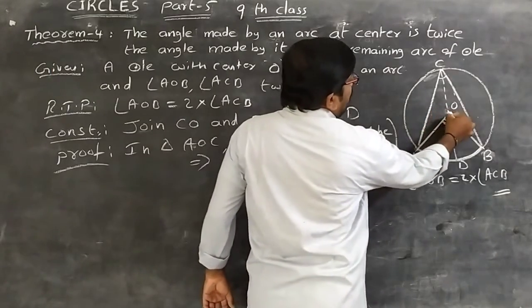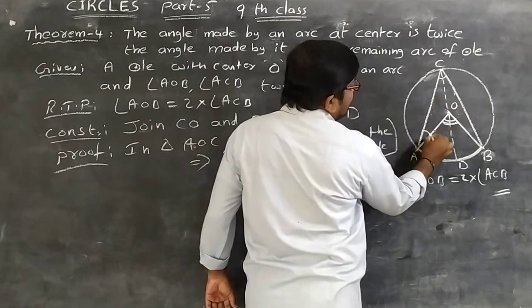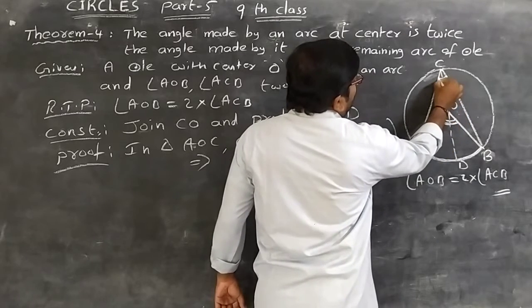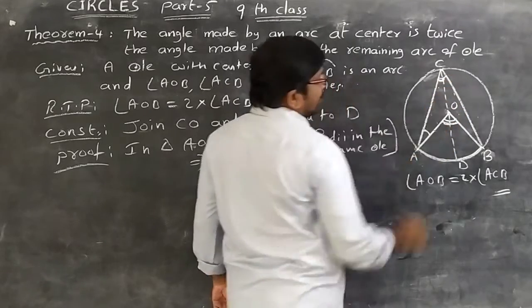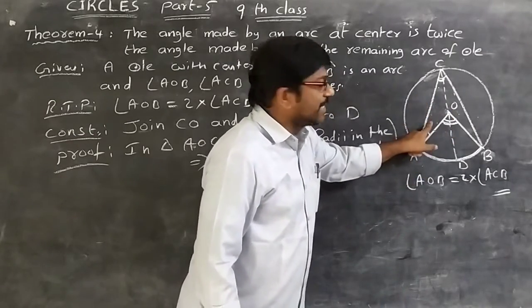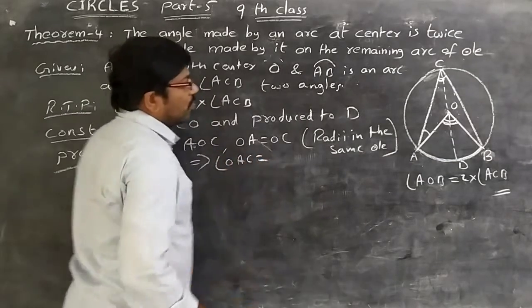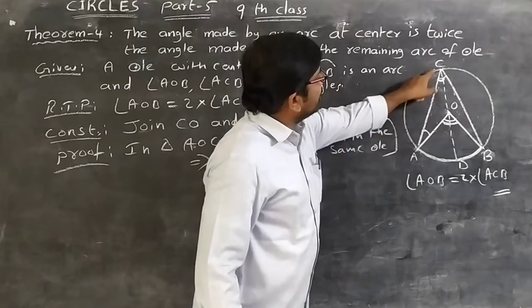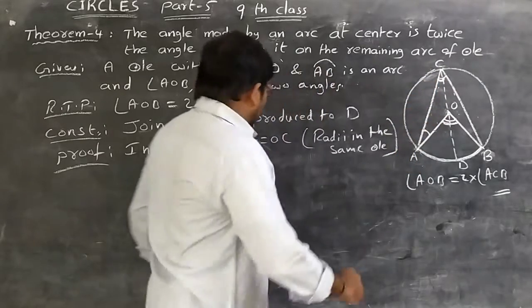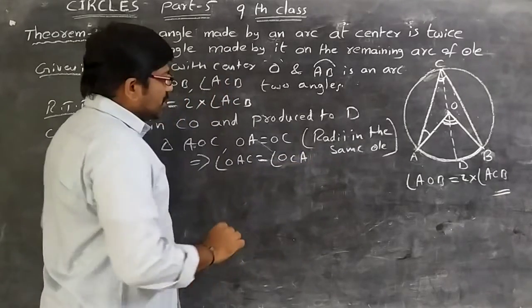So in triangle AOC, OA is equal to OC, and their opposite angles are equal. That means angle OAC is equal to angle OCA. Leave it here.